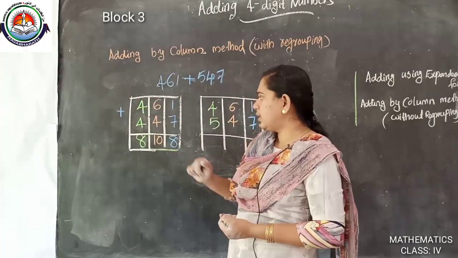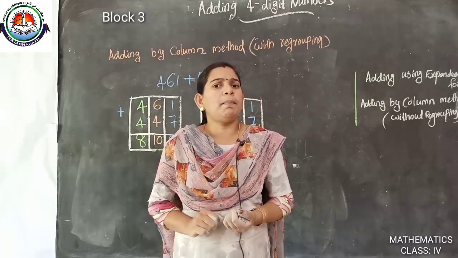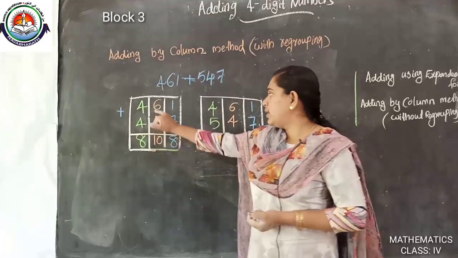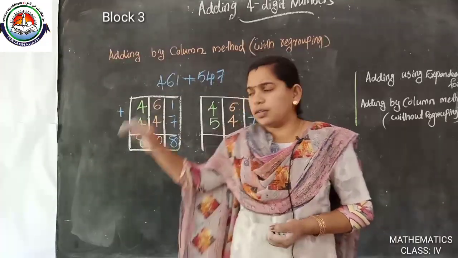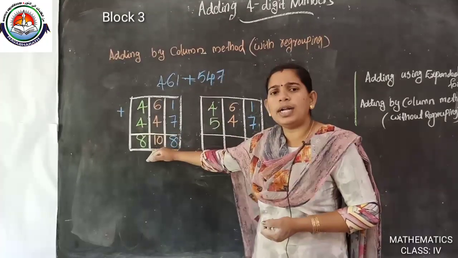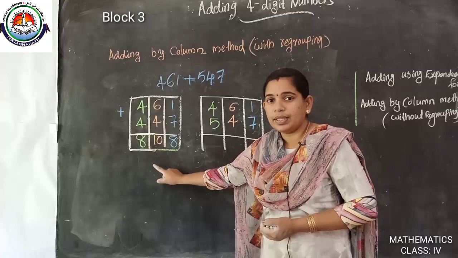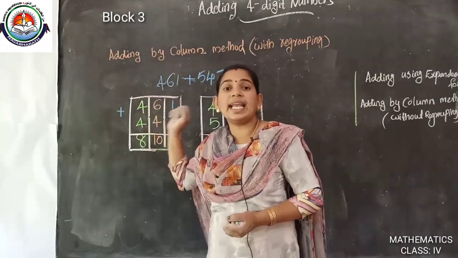Is there any other mistake here? We'll check it. 1 plus 7, 8. So this is correct. 6 plus 4, 10. She wrote all the digits of 10 here. No, only the ones place digit goes here. Then the tens place digit we write here as a carry.